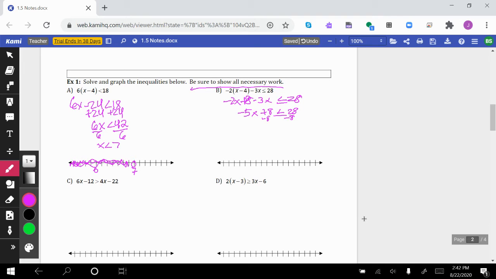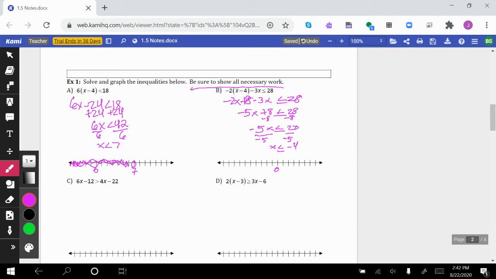Subtract 8 from both sides, so we get -5x is less than or equal to 20. And we are going to divide by -5 on both sides, so that we get x is less than or equal to -4.